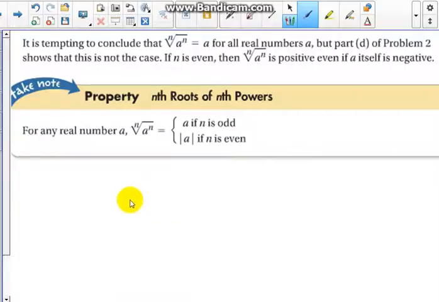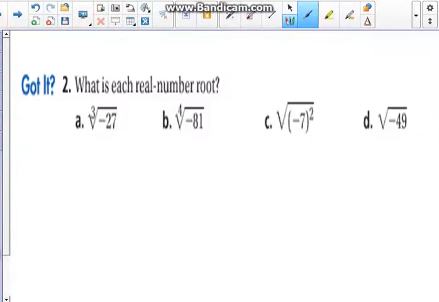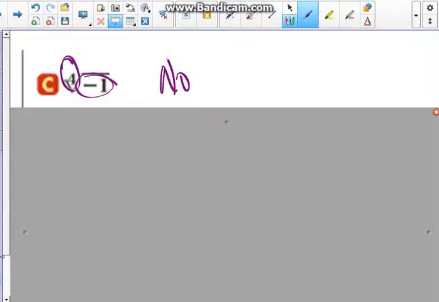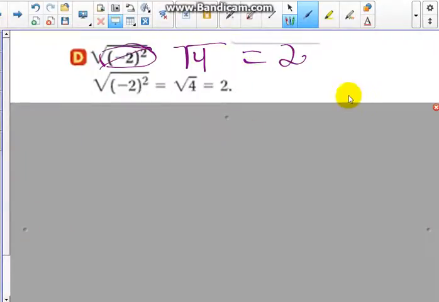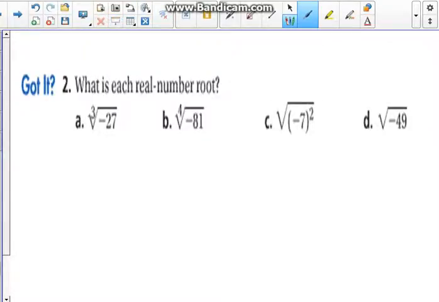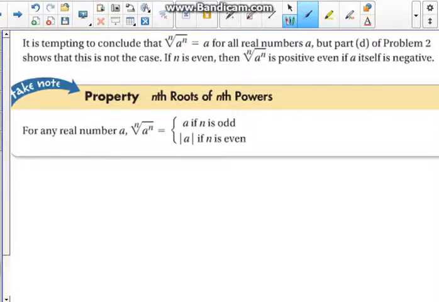Moving along, we need to know there's a property for the nth roots of nth powers. And as I just pointed out a minute ago on D, right here, you'd be tempted to cancel out the square root and the power and say this is equal to negative 2, but that's not true. So we just proved you've got to be careful with those.